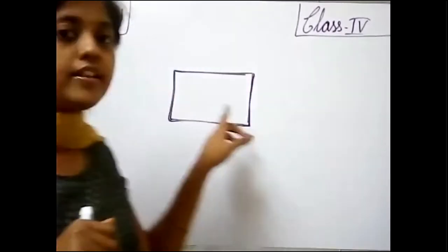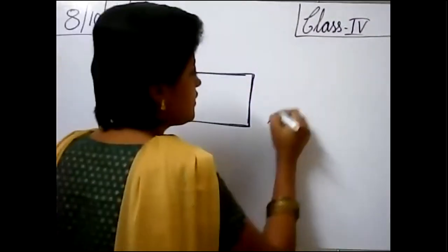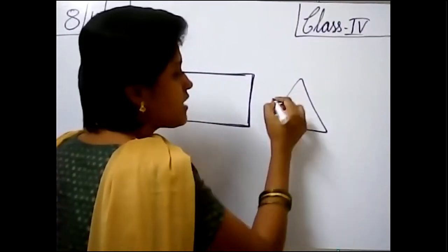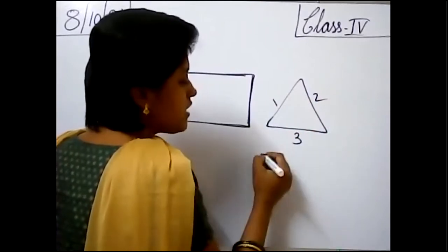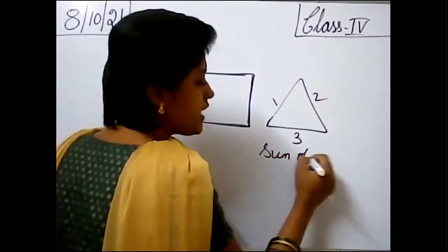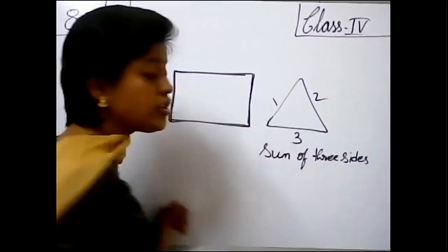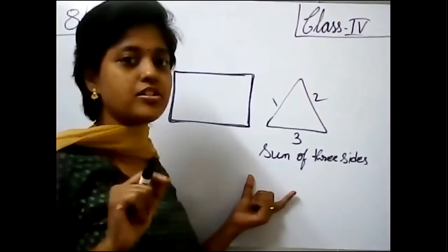No. Some triangles do not have all sides equal. So, what is the formula? The sum of all the sides, the sum of 3 sides: 1, 2, 3. 3S comes under the equilateral triangle.